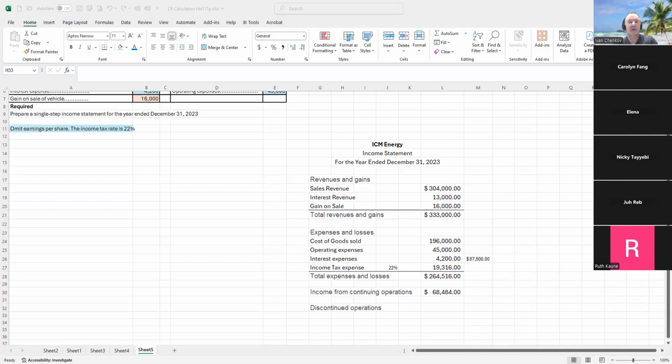Then the next item that we have is the loss from the discontinued operation.